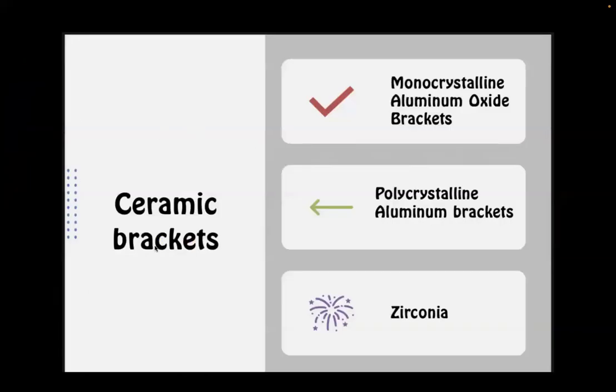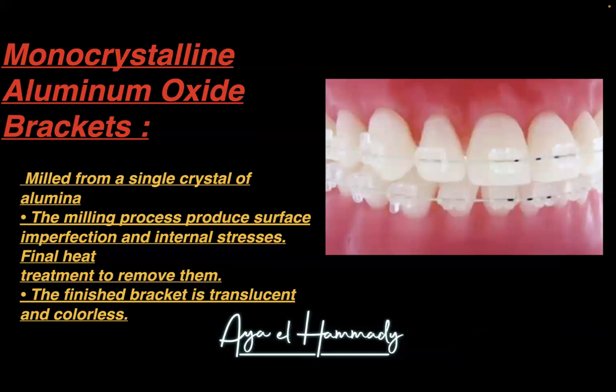The ceramic brackets here have three components: the monocrystalline aluminum oxide bracket, the polycrystalline aluminum bracket, and the zirconia one, okay? What about the monocrystalline? As we mentioned, it's done by the milling process, okay? So sometimes during the milling process, it leads to imperfections in the shape.